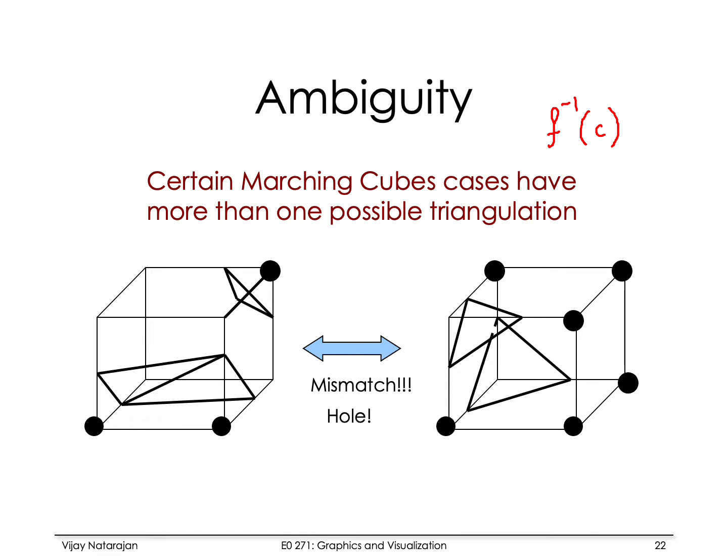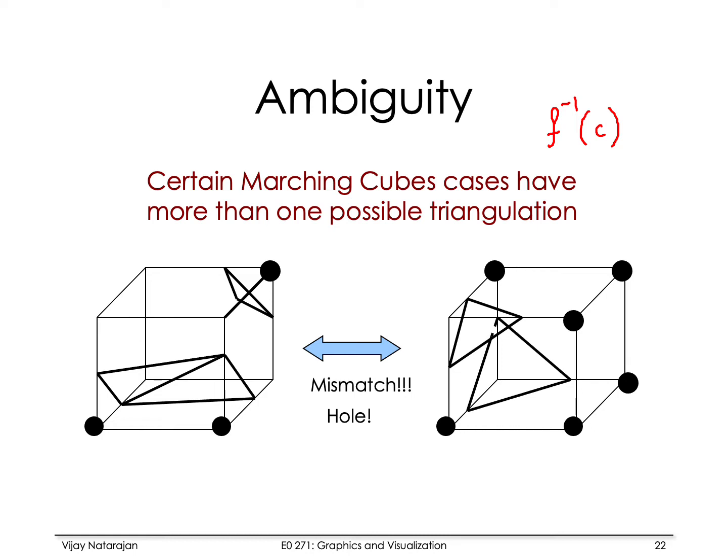However, the marching cubes algorithm does not guarantee that what it produces is a surface. In some cases, it could produce intersecting surfaces, self-intersecting surfaces, or surfaces with holes, objects that are not even surfaces, and so on.